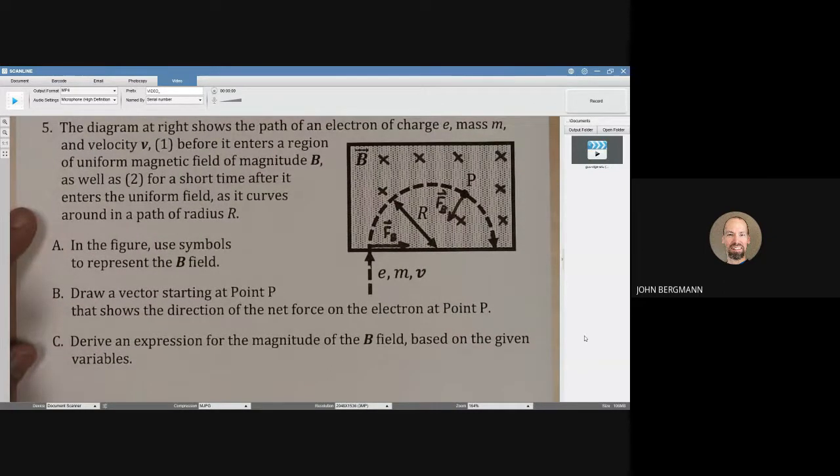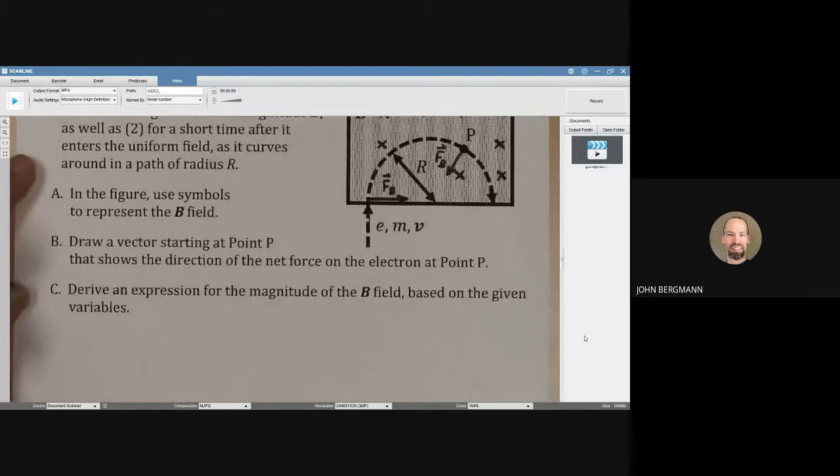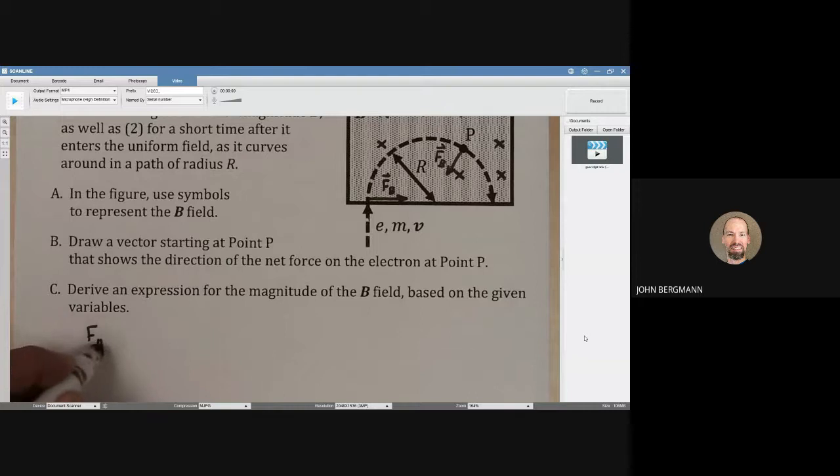First of all, whenever we have forces, it's probably a good idea to use Newton's second law. So let's use that as a starting point. F net is equal to the mass of the object times its acceleration.